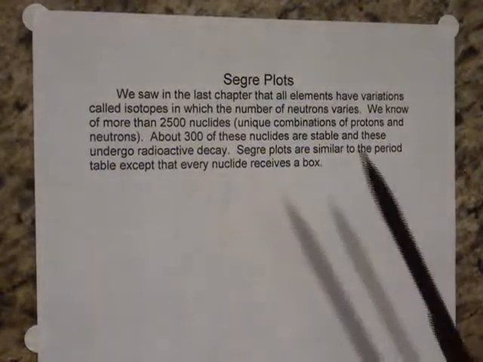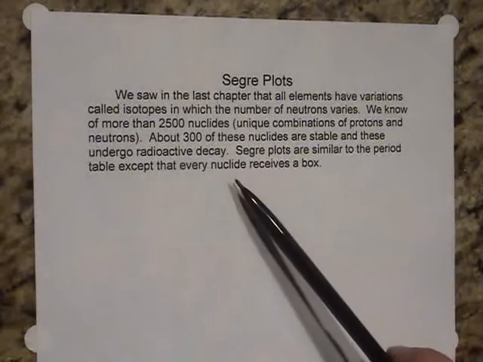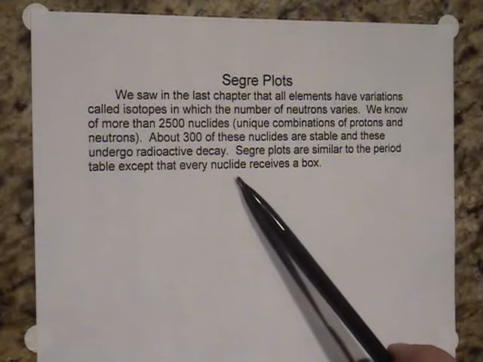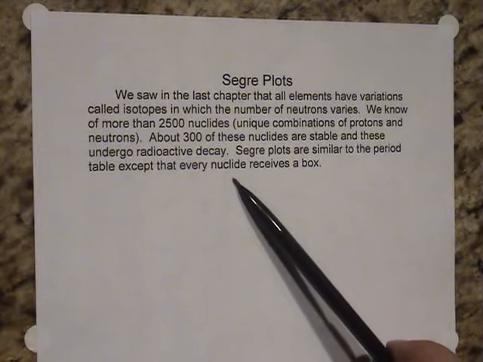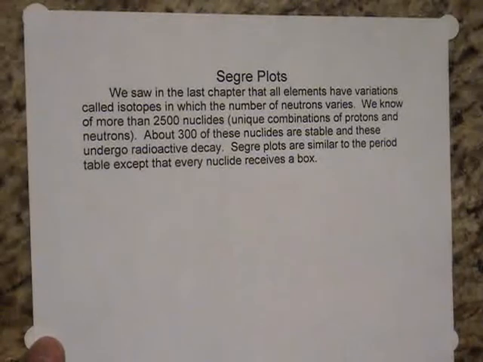So the idea of the Segre plot is that we give each nuclide a separate box, whereas the periodic table only gives each element its own separate box. So this representation will look something like this.